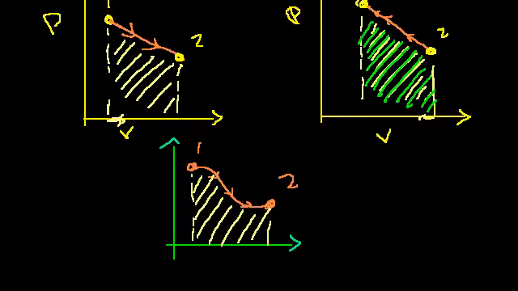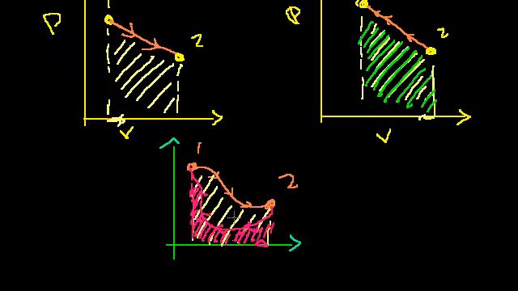So my new path looks something like this, to get back to state 1. So these arrows are going back. So now what is the work done to the system? Well, my volume is decreasing, so it's the area under the second curve. The area under the second curve is the work done to the system.